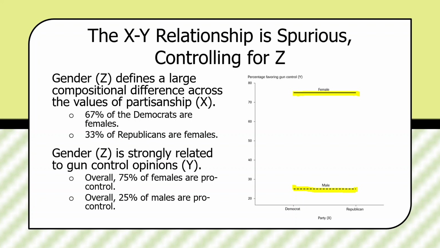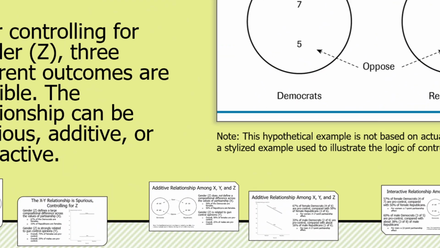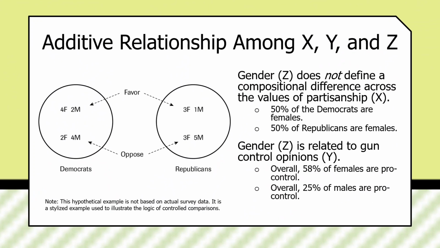All right, now let's take a look at something very different, an additive set of relationships. Here are the circles again. Without getting too far down in the weeds, let's just see if there's a compositional difference as we move from Democrats to Republicans. That's the first thing to look for. How else do these two groups differ besides partisanship? Is gender an answer to that question?